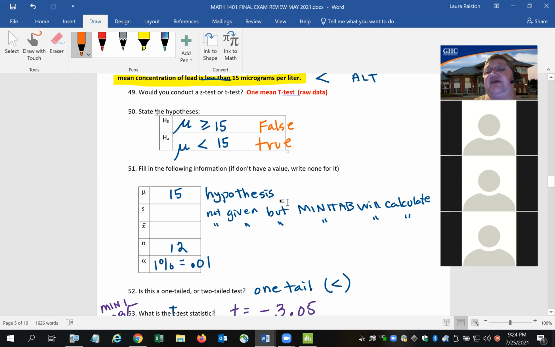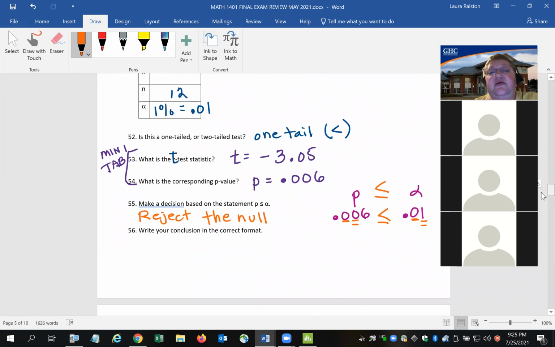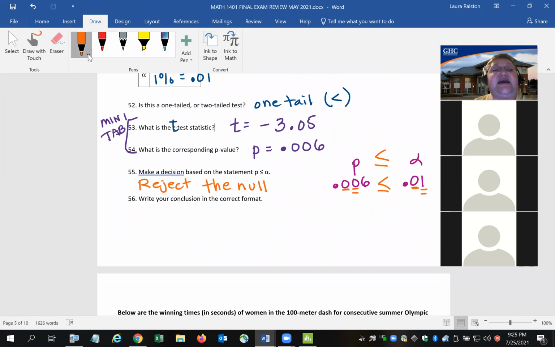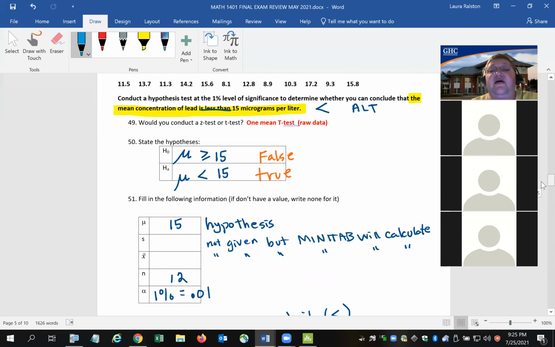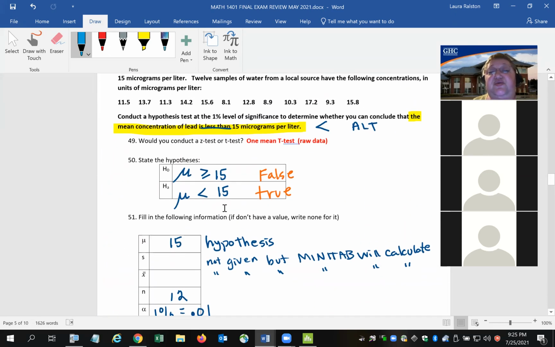So when I go to write my conclusion, even with the T, it's very similar to the Z. We start with our significance level. So we say at the 1% level of significance, and then again, you have to state it in terms of the hypothesis that is true.